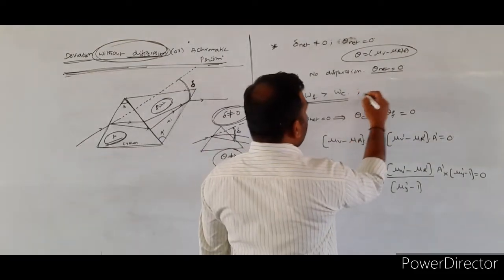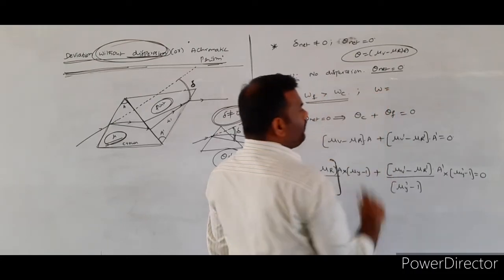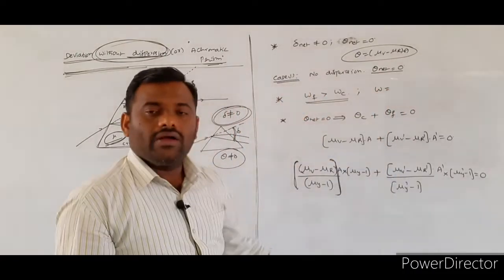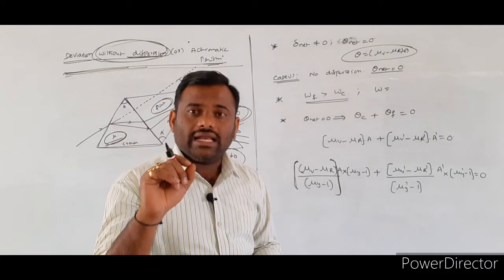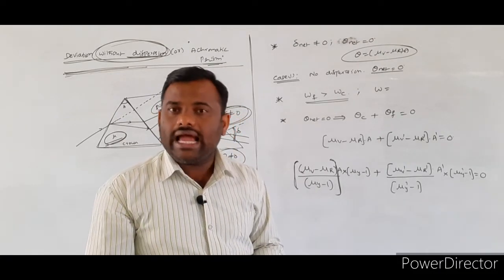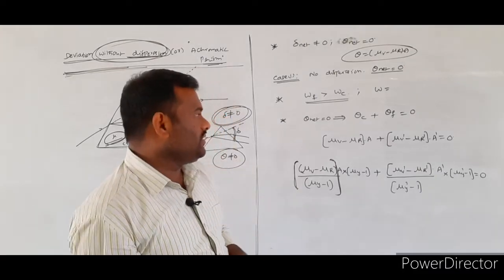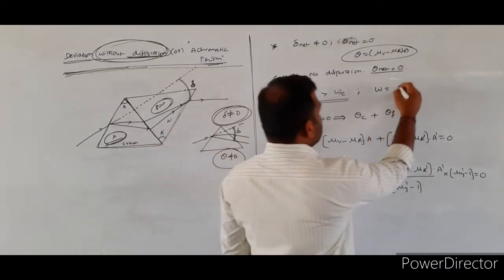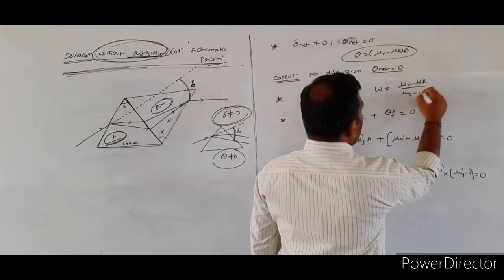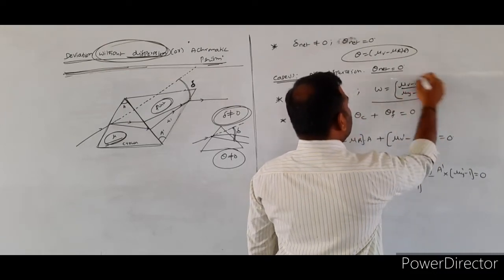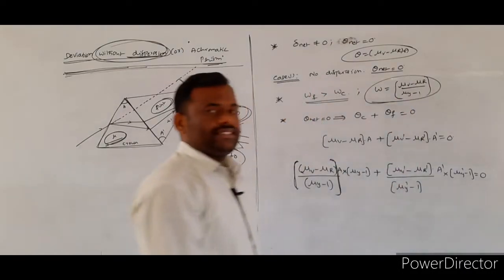This is the formula of dispersive power. Dispersive power is the ratio of angular dispersion to the mean deviation. So the dispersive power is equal to mu v minus mu r by mu y minus 1.